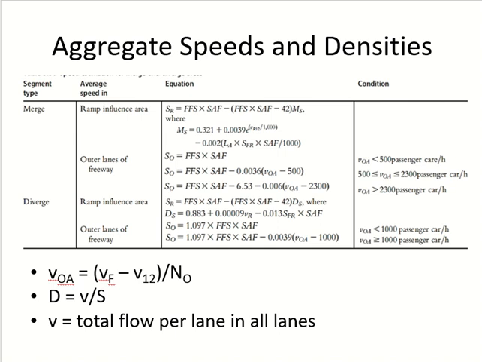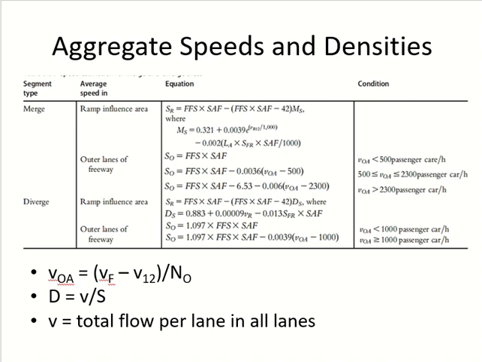So this is for merge and this one is for diverge. Again, for the first two lanes and the outer lane, and for the outer lane we have to decide on the basis of the total volume in the outer lane.